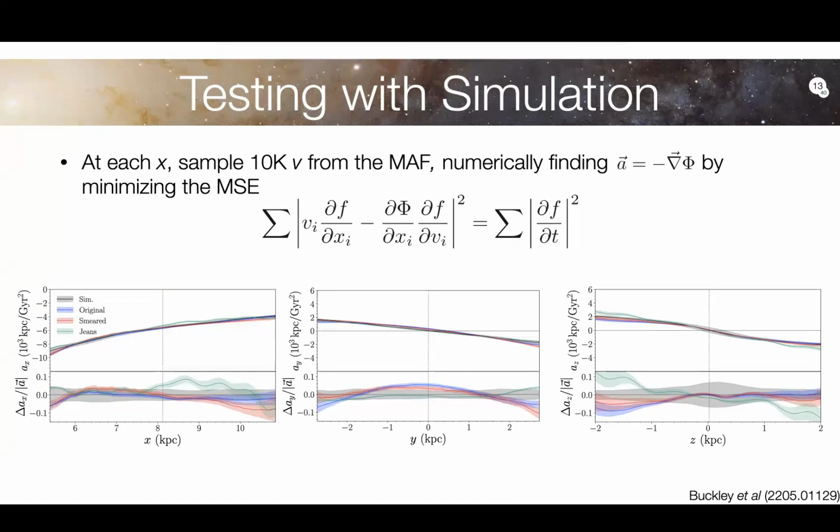And the way that this works is, because I have a function f, which is dependent on x and v, this only depends on x. I can then sample from that function. I can generate basically fake stars at a given x at different v. And I generate 10,000 such fake stars at different velocities and run this sum over all of them, because they all should be feeling the same acceleration.